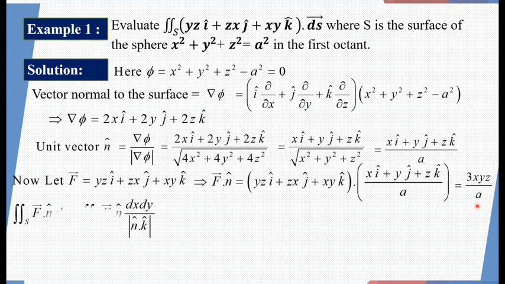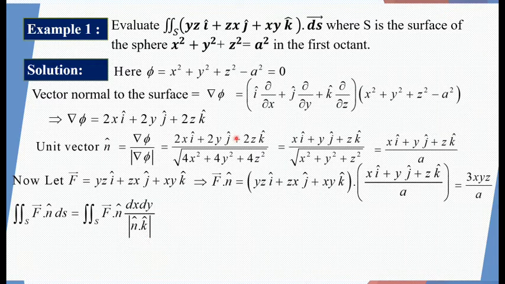So now, from the double integral over S of vector f dot n cap ds, which is equal to the double integral over S, we can write it as vector f dot n cap, and ds can be replaced by dx dy upon mod of n cap dot k cap.